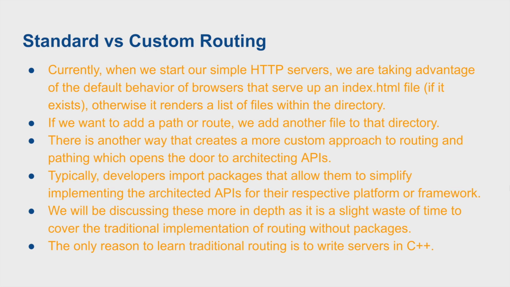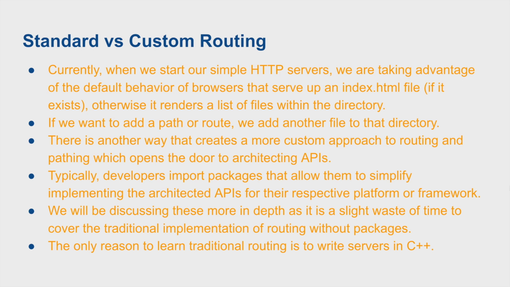So, standard versus custom routing. Currently, when we start our simple HTTP servers, we are taking advantage of the default behaviors of the browser that serve up the index.html file if it exists. Otherwise, it just renders a list of files within the directory that you are serving up to the users via the browser and via HTTP.